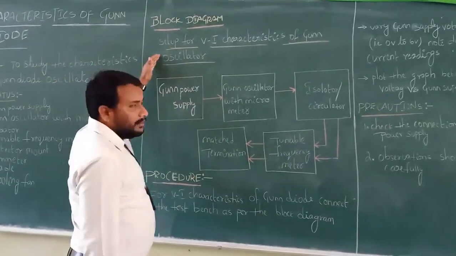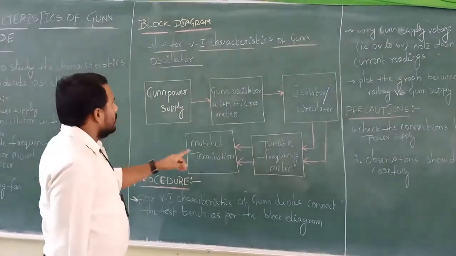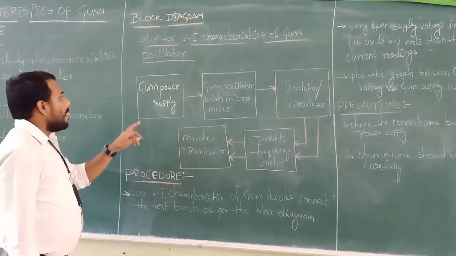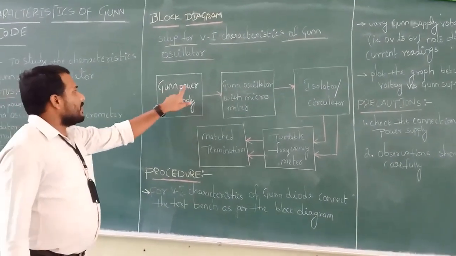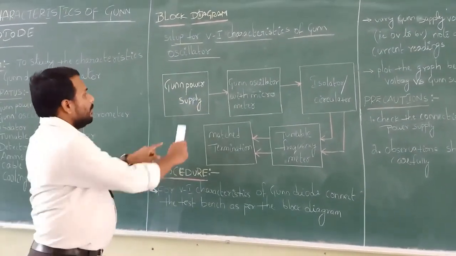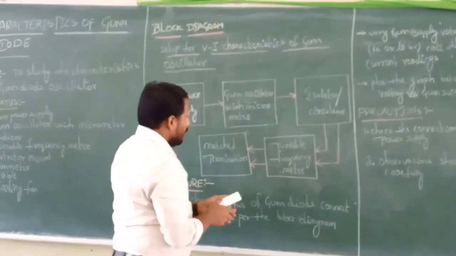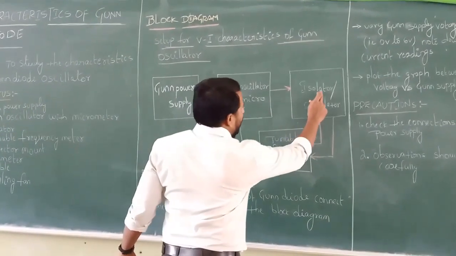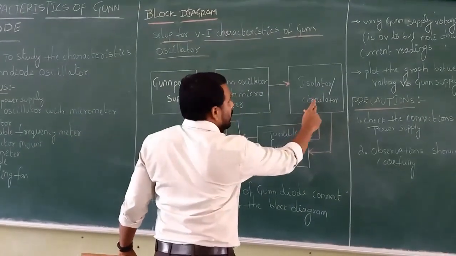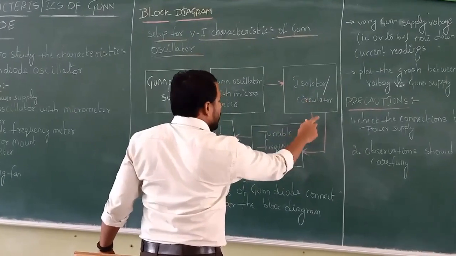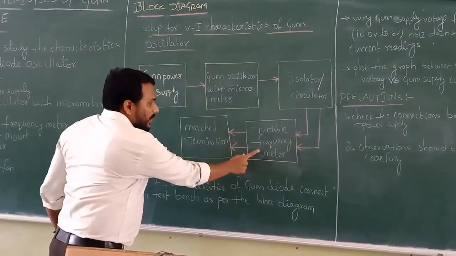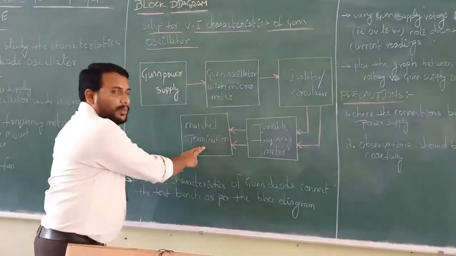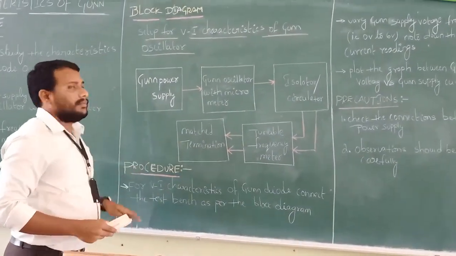Coming to the block diagram, see here the setup for the VI characteristics of a Gunn diode oscillator. The first one is the Gunn power supply, which is connected to the Gunn oscillator with a micrometer, which is connected to an isolator or a circulator, and the circulator or isolator is connected to a tunable frequency meter, and the frequency meter to the matched termination or load.